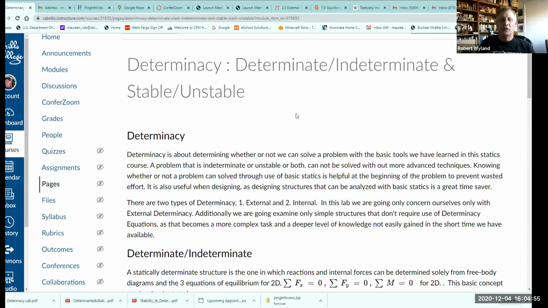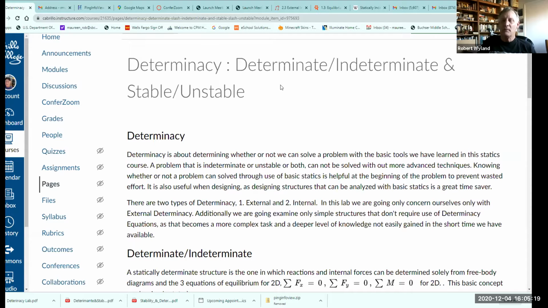So what I want you to be able to do at the end of this lab, hopefully, is to be able to recognize a basic beam. We're not going to do frames or trusses. That would be another level of things to learn here. But just a basic beam problem, whether it's determinate or indeterminate, stable or unstable, so you know whether or not you can solve it.